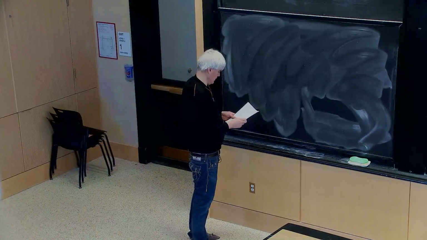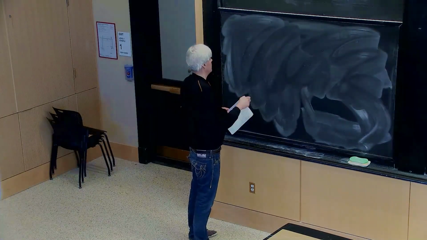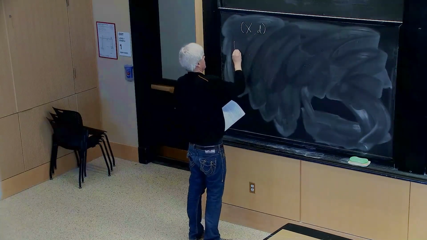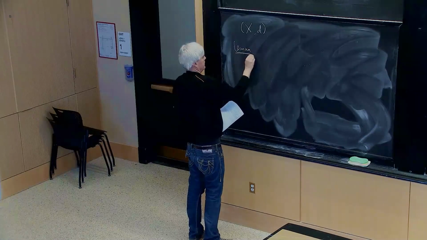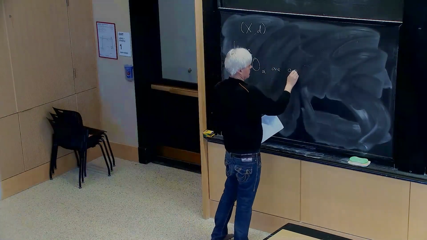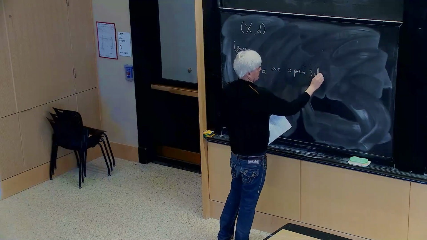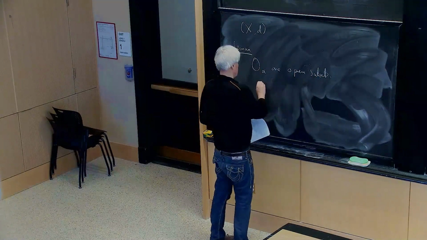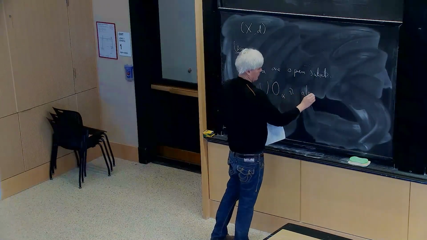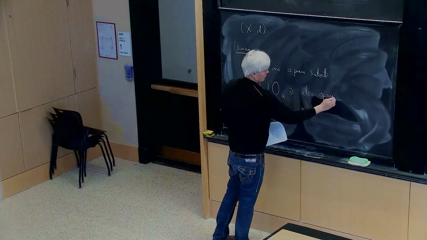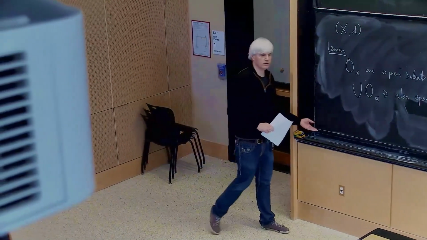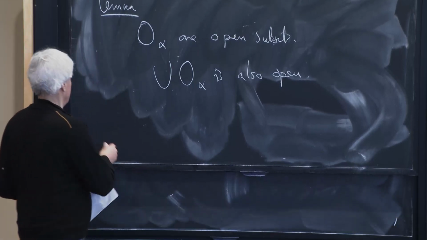Okay, so now if X is a metric space, then you have the following lemma: if O alpha are open subsets, then the union of the O alpha is also open. This is quite trivial, as you see. I'll just indicate why, but it's actually left on a p-set.